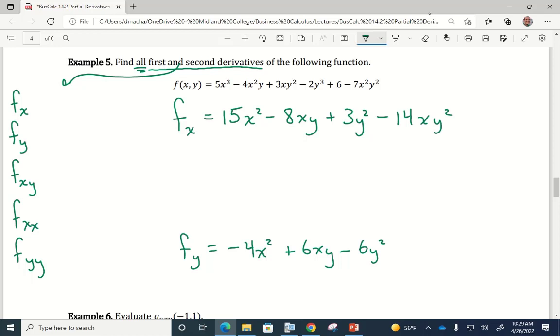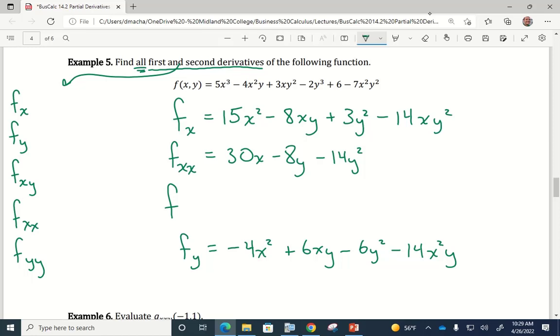And then my very last term would give me minus 14x squared y. What if I want to take the second derivative with respect to x? Well, I just start from my first derivative with respect to x, and then I take another derivative with respect to x. And so this would be 30x minus 8y minus 14y squared.